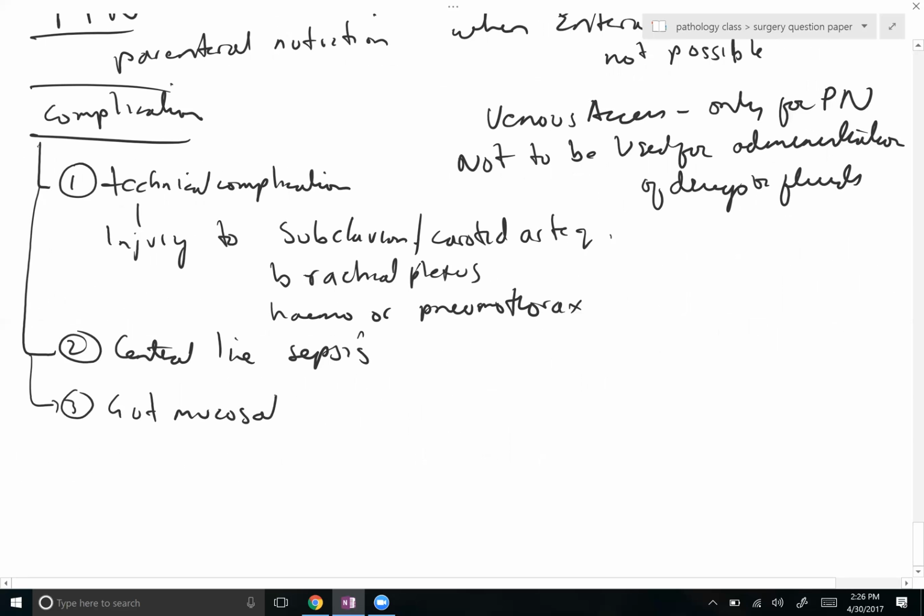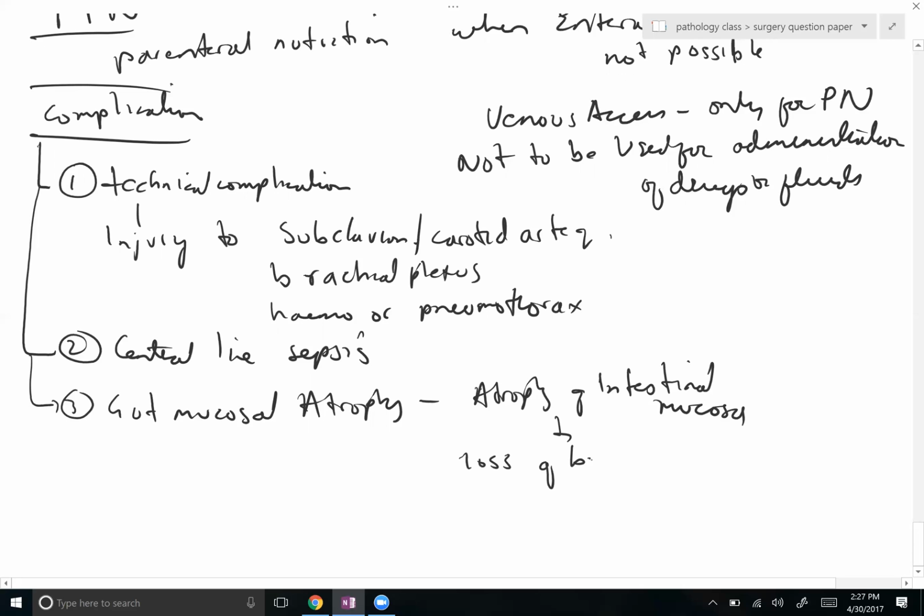Gut mucosal atrophy. Why? Because when patients are put on total parenteral nutrition, they develop atrophy of the intestinal mucosa. If there is atrophy of the intestinal mucosa, it can result in loss of barrier function.